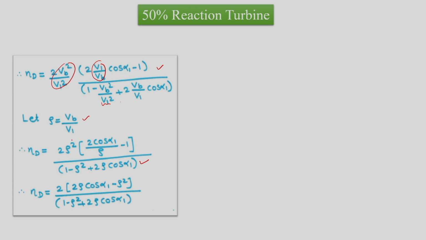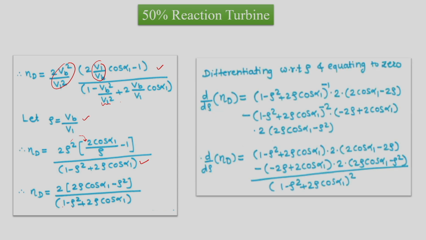We can put this rho square into the bracket, and then this leads to 2 into 2 rho cos alpha 1 minus rho square divided by 1 minus rho square plus 2 rho cos alpha 1. We can differentiate this formula with respect to rho and equate it to 0.